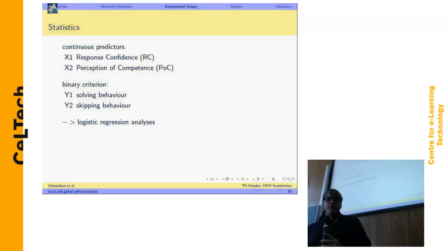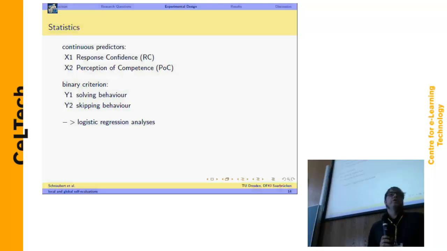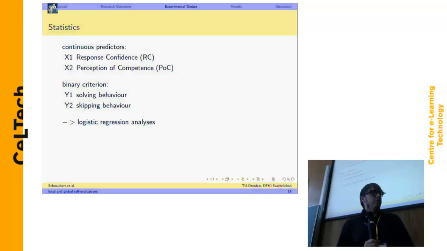So this gives us the variables we're interested in: our continuous variables, response confidence and perception of competence, and the binary things we want to predict, namely, did they solve it or not, or did they skip or not. To analyze this, we conducted a logistic regression analysis, which now Lenka will present again.